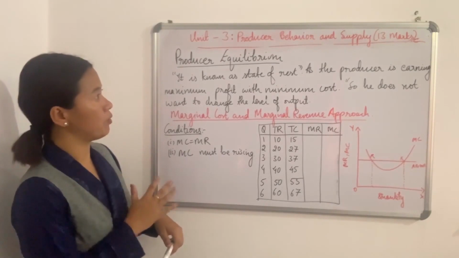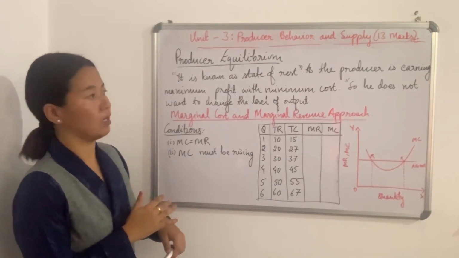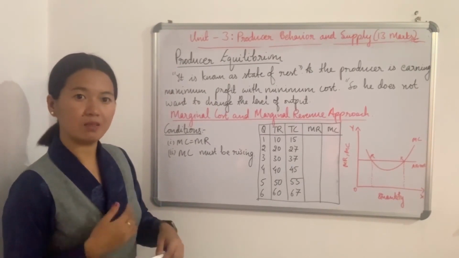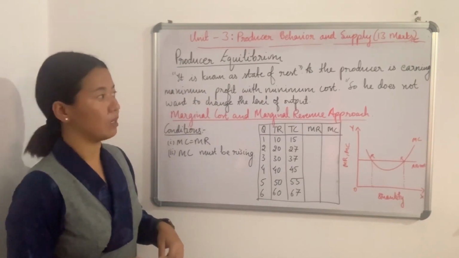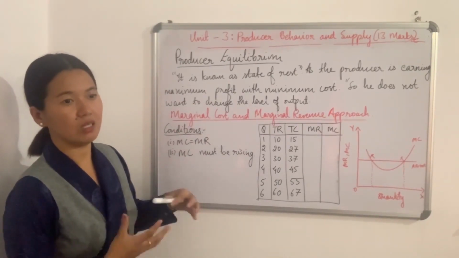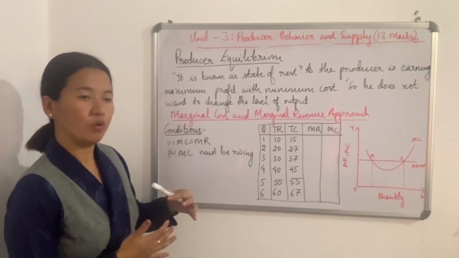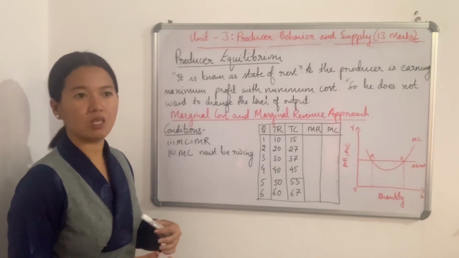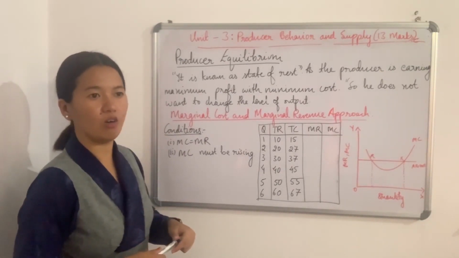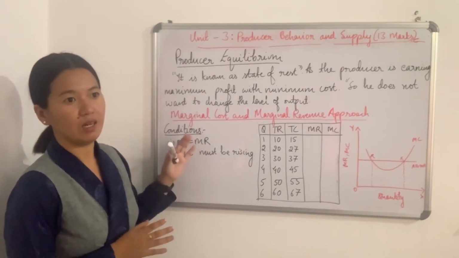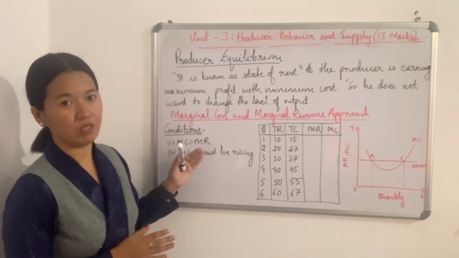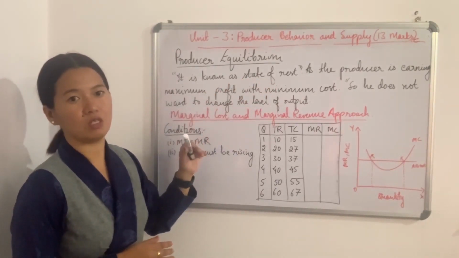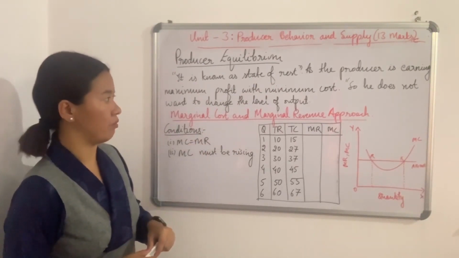In this situation, the producer tries to maximize his profit at a minimum cost, and when he earns that maximum profit, he would not change his level of output. He will neither increase nor decrease his output. When he is earning maximum profit, he will be at the state of rest. So it is a condition where the producer tries to maximize his profit.